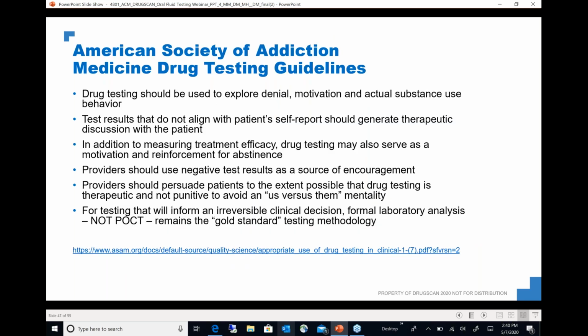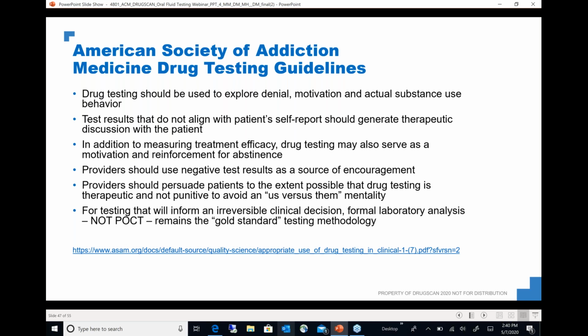I also wanted to talk a little bit about ASAM, which is the American Society of Addiction Medicine, and what their drug testing guidelines are. And I personally found this rather interesting. Drug testing should be used to explore denial, motivation, and actual substance abuse behavior.